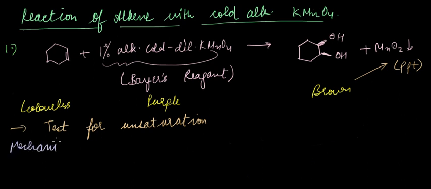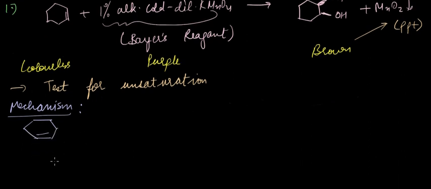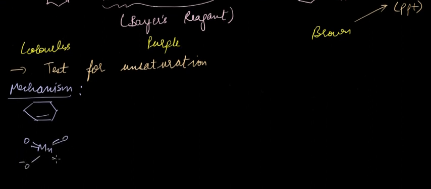Okay, so how does the mechanism work in this type of reaction? The mechanism is something like this: we have the cyclohexane ring and a double bond. So what happens when it reacts with KMnO4, sorry? KMnO4 is basically something like this. The resonance takes place, and these two oxygen atoms actually combine with the carbon atoms there.